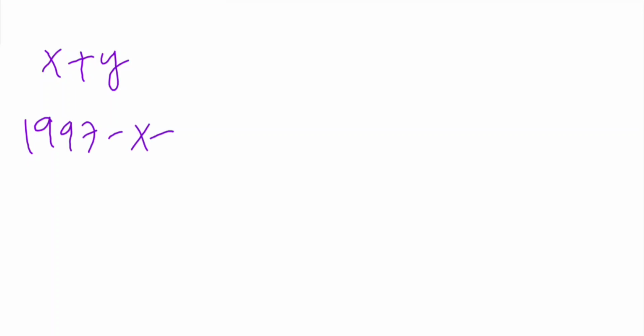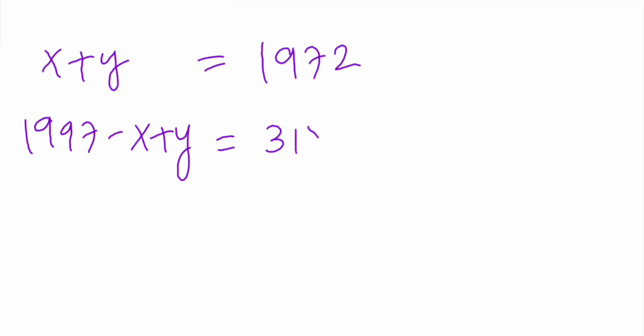1997 minus x plus y, both can have different values, so if this is 1972, then this is 315, and if this is 315, then this is 1972.